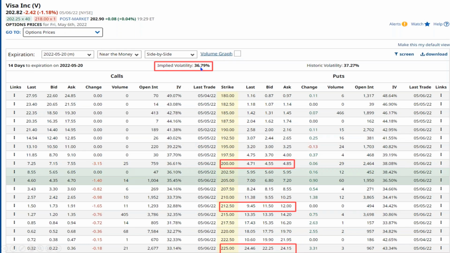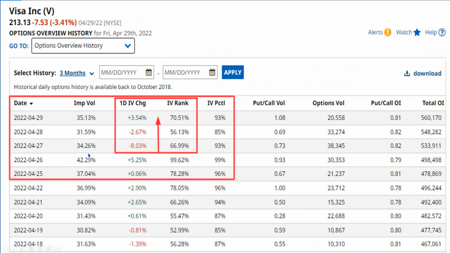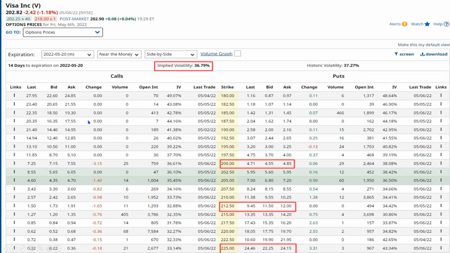Now, notice that our implied volatility was up just a bit. Remember, we said that we had a high implied volatility on the earnings date, but we did get that drop off. But we did see a little bit of a bump in implied volatility as price was moving again. And I did say to you that sometimes a rise in implied volatility, especially when we're wrong in our analysis, and this is exactly what has happened here, might help us in terms of limiting our losses.